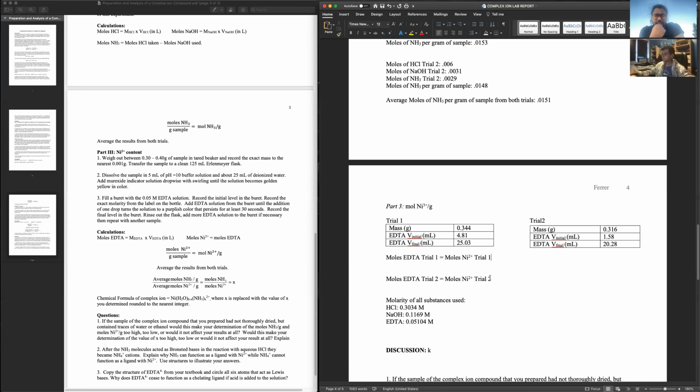Yeah, so that'll be that. So you can do like colon and then 0.00103, I guess. Yeah, because that makes sense.